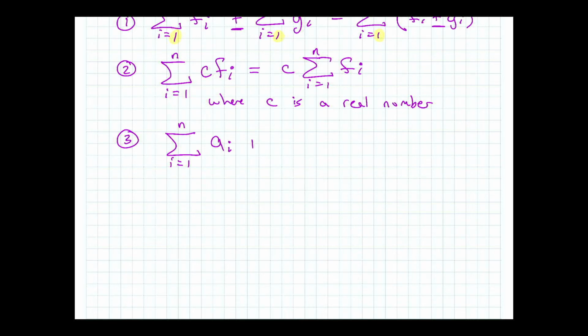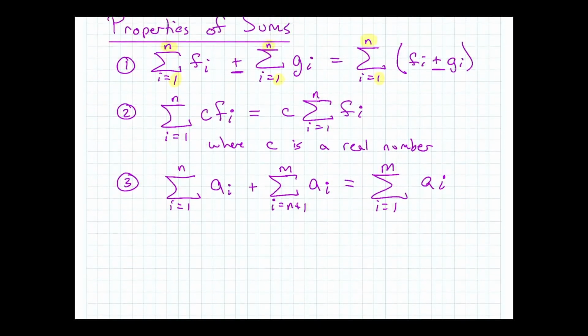And then we add it to another sum, which starts at n plus 1 and goes to, let's say, m, just a different letter, okay? Also of a_i. That's the same thing as if you did the sum starting at 1 and went up to m of a_i.